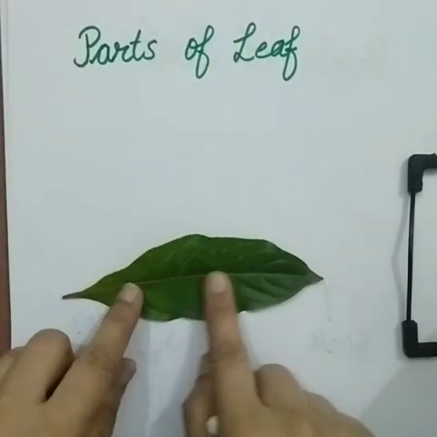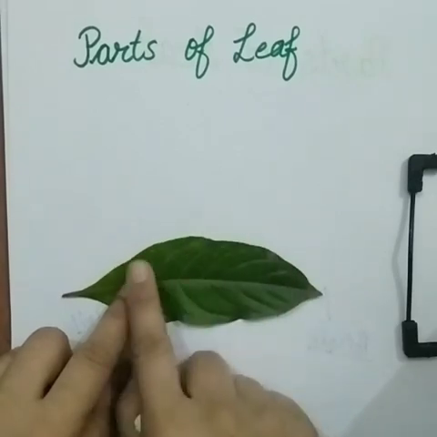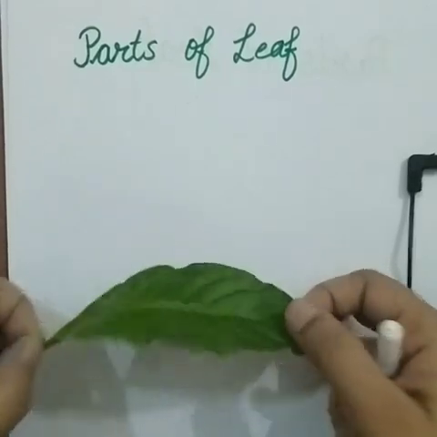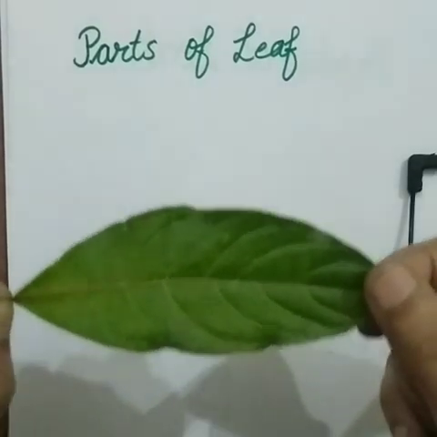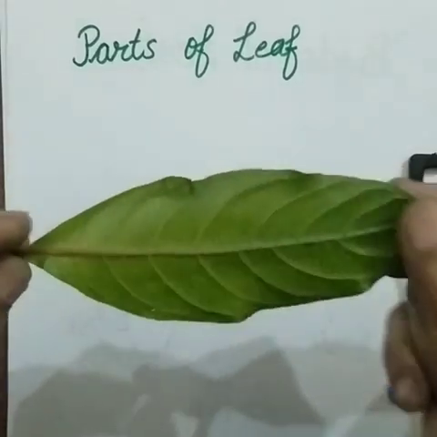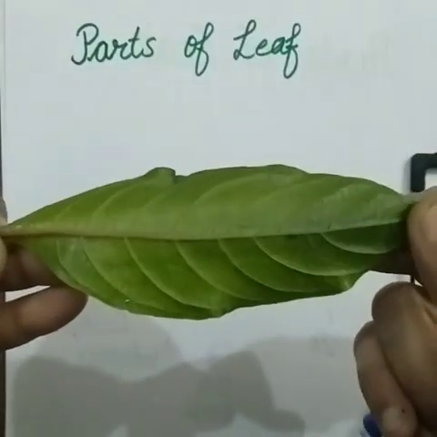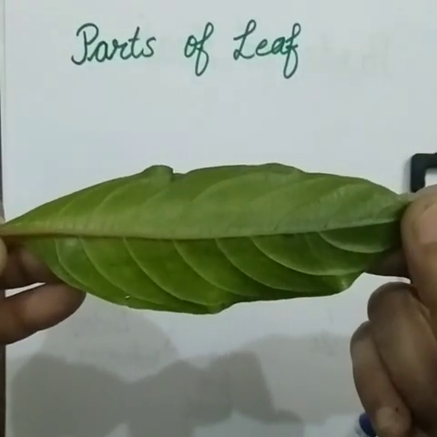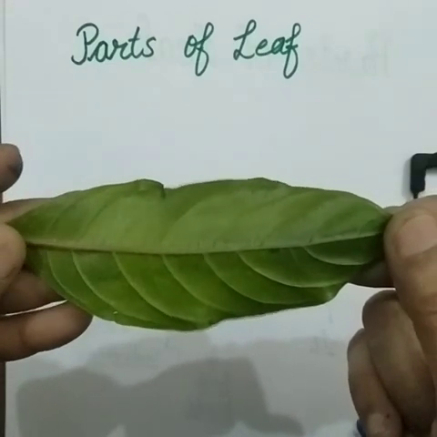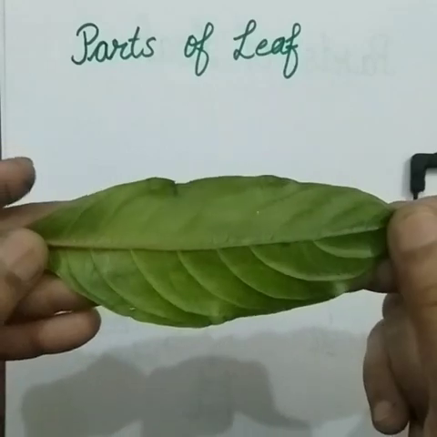See, this is the smooth surface of the leaf, as you can see in the picture. And when we turn it, this is a bit rough surface where you can see all the main veins and side veins clearly.